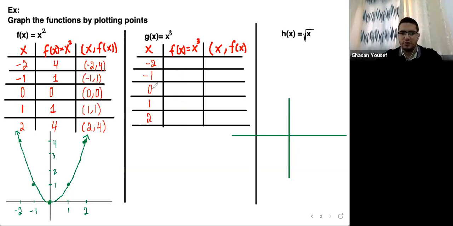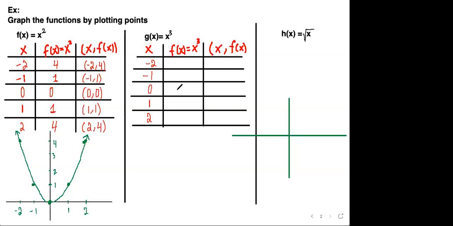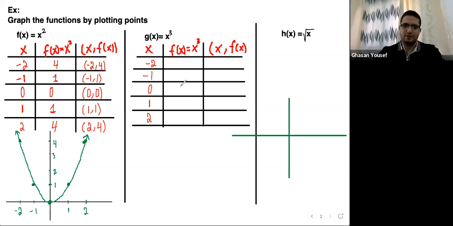Now, what is f of 0 when I plug 0 inside this function? It's 0, correct? So here is 0.